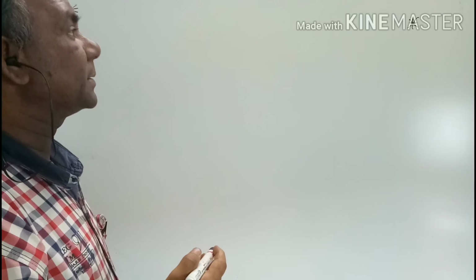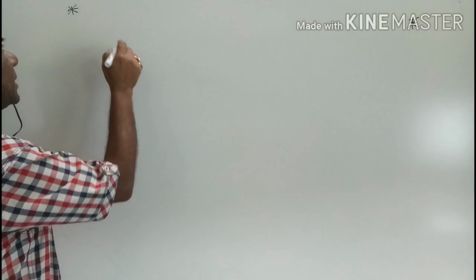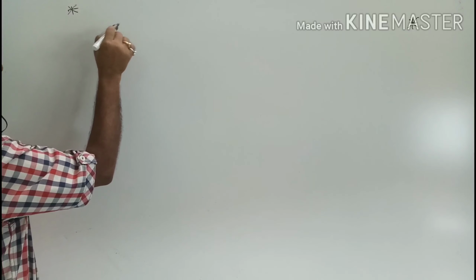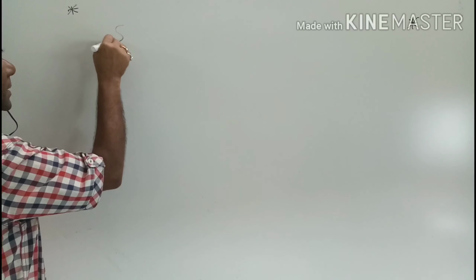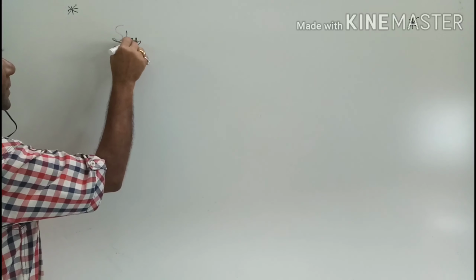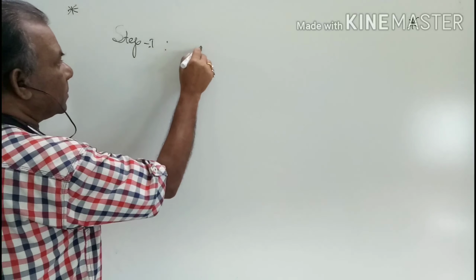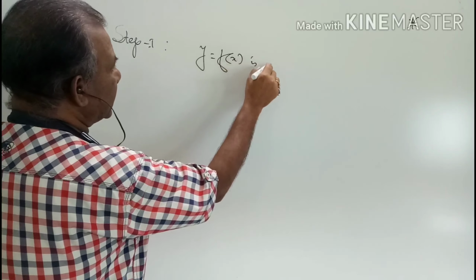To understand that maximum and minimum value, we have to learn one theorem. I will tell you that theorem, just remember it as a formula. There are some steps. Step 1: y equal to f(x) is a function.